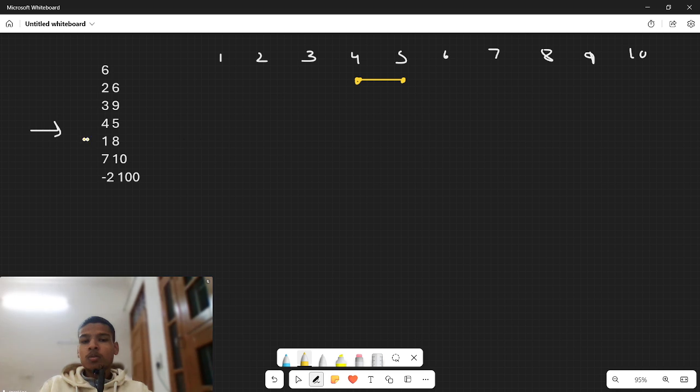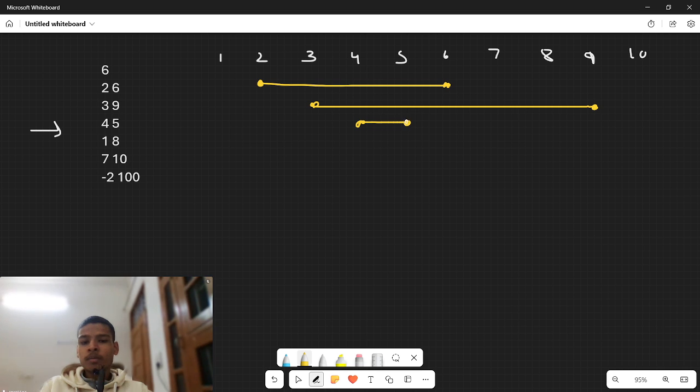Let's suppose, make it rough only. My first is here, and he wants to go here. And my second is here, and he wants to go to this point. My next is here, and he wants to go to here. My next is here, and he wants to go to point number 8.